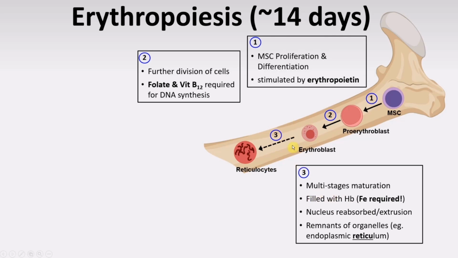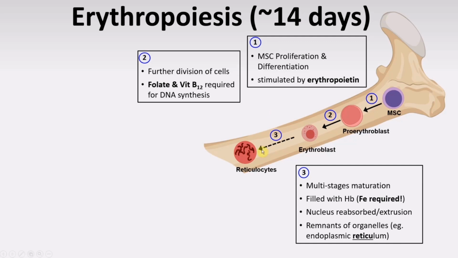During these multiple stages of maturation, other than filling up with hemoglobin, the nucleus in the erythroblast will also be reabsorbed or extruded. Why so? Because this creates more space for the red blood cells to be filled up with more hemoglobin.